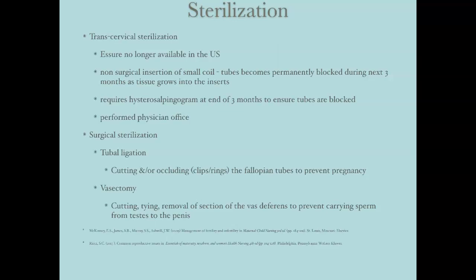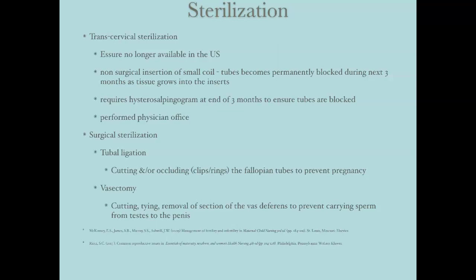Following the procedure, they would certainly need to use other contraception methods until they get some assurance that those tubes are blocked. That's done through a hysterosalpingogram. That's another little procedure they have to go through, where they run dye to make sure the tube's blocked. This procedure was performed at a physician's office, with a pretty high level of effectiveness, but again, not available now in the United States.